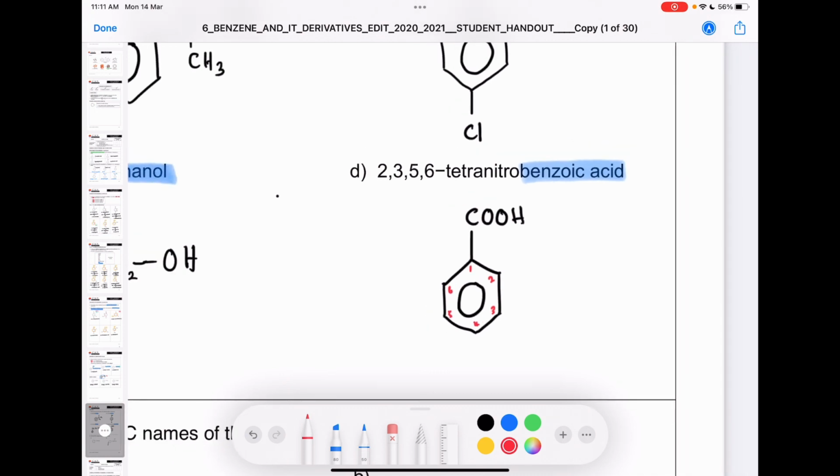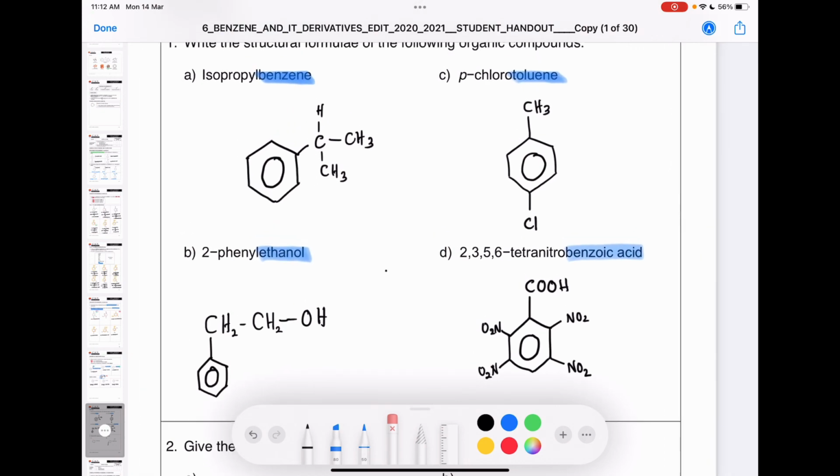We have nitro at number 2, at number 3, at number 5, and at number 6 as well. Make it nice, delete this one. So this is 2,3,5,6-tetranitrobenzoic acid.